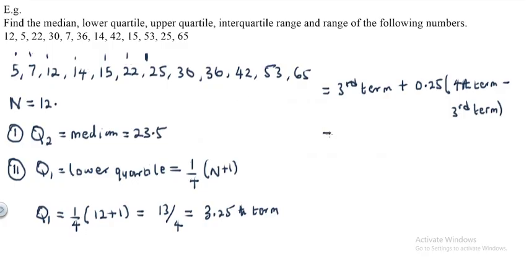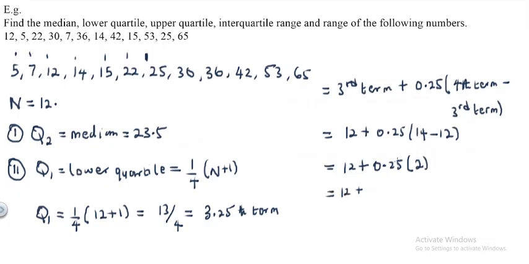So our lower quartile will be 12 plus 0.25, open bracket, 14 minus 12. This is equal to 12 plus 0.25, open bracket, 2, and 0.25 times 2 is 0.5. 12 plus 0.5 is 12.5. So the lower quartile for this problem is 12.5.